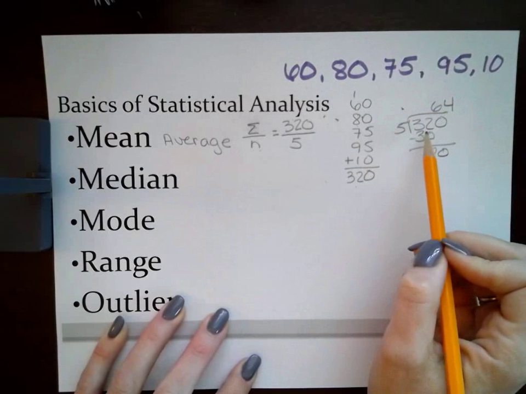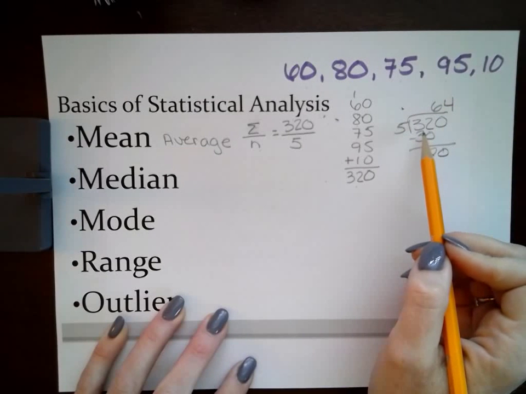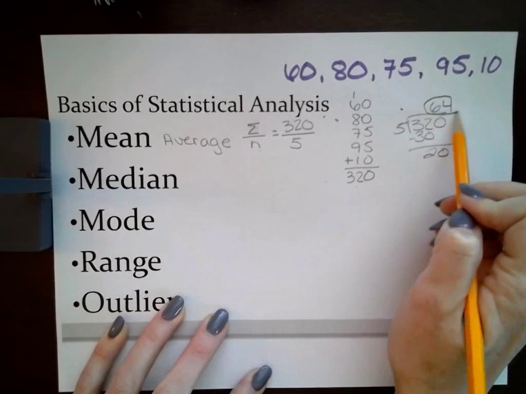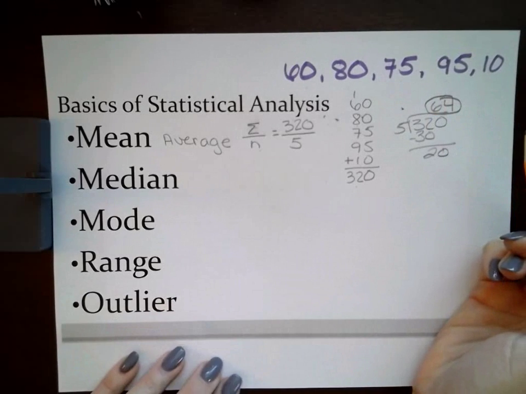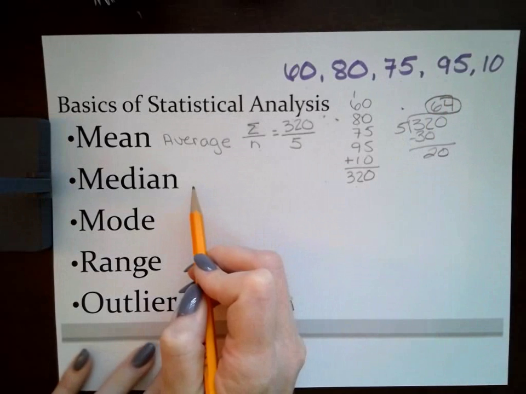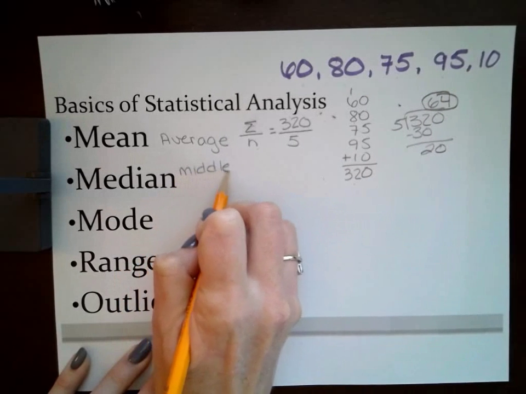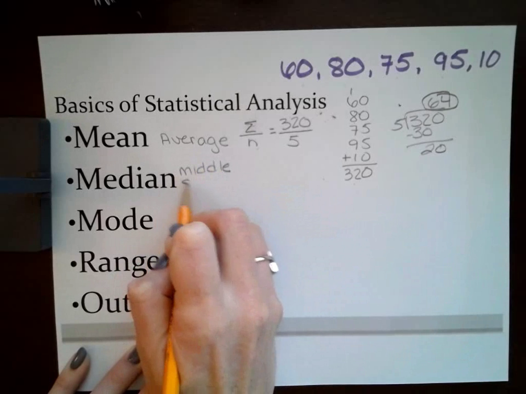When we take 320, divide by 5, we find that the average of these 5 data is 64. That's the average.